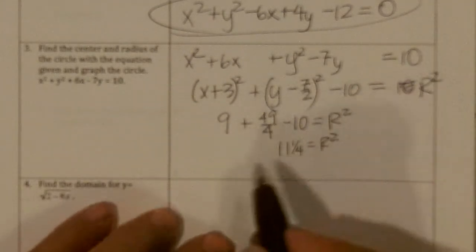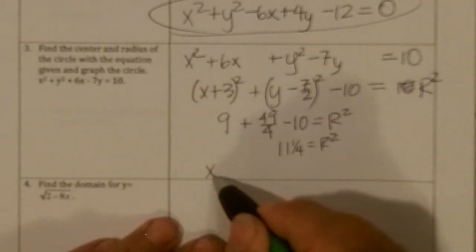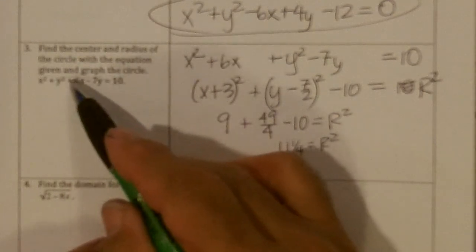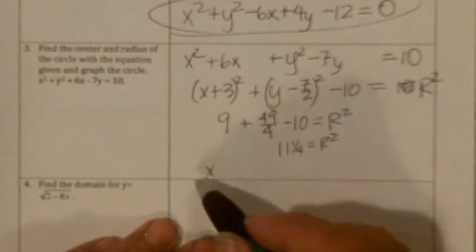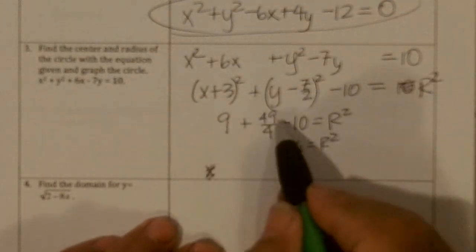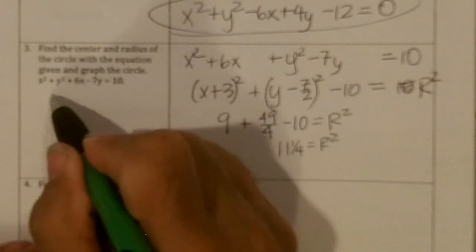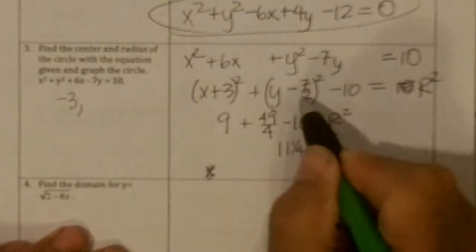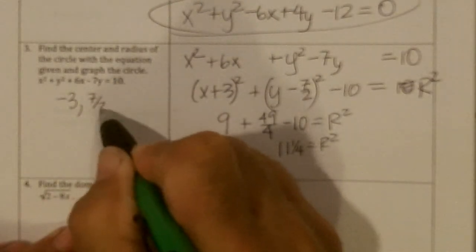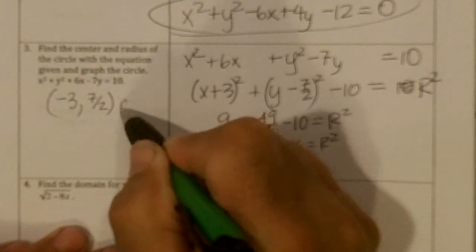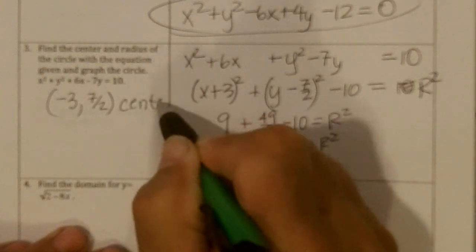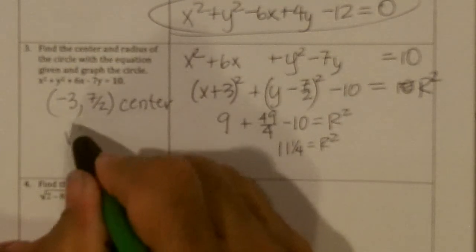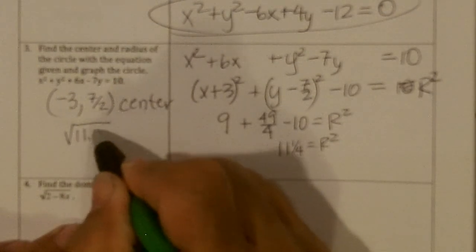So we get finally the equation... Write the equation, find the center. So the center is at negative 3, 7 halves. The radius is the square root of 11 and a quarter.